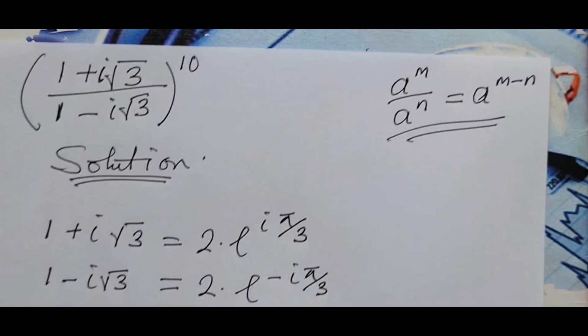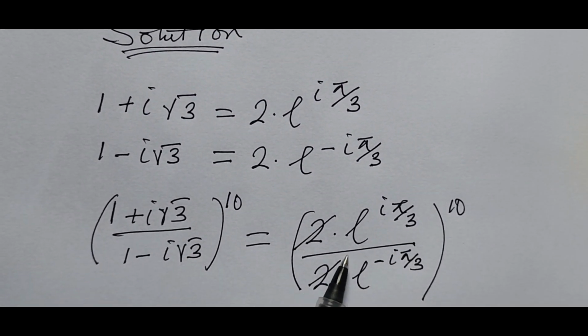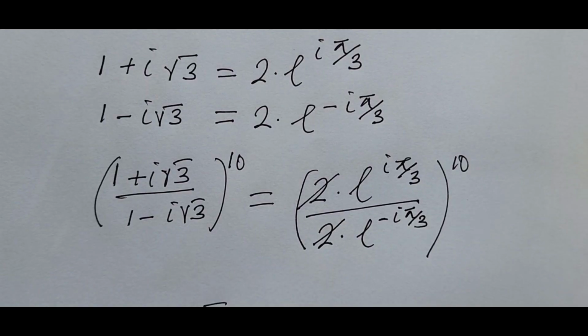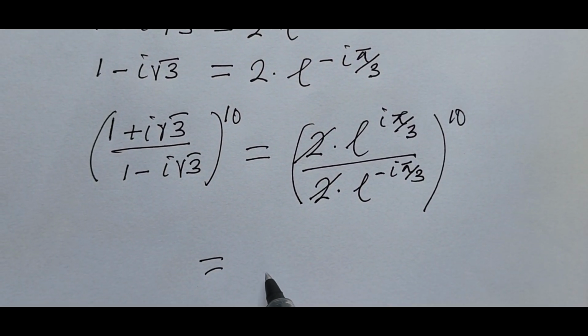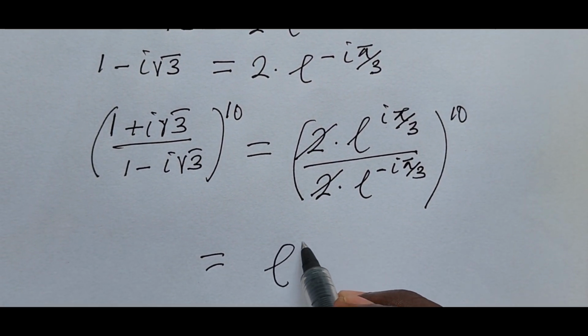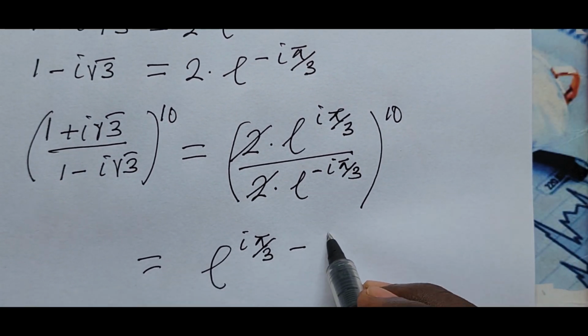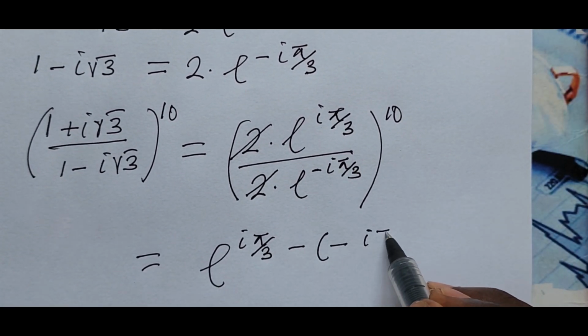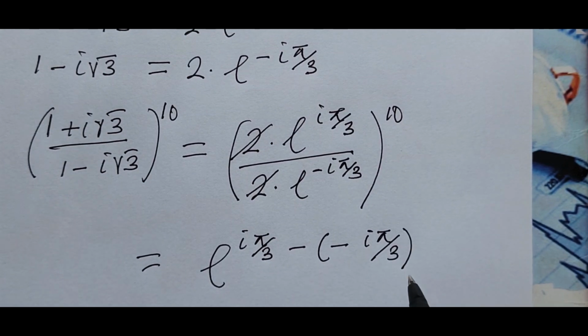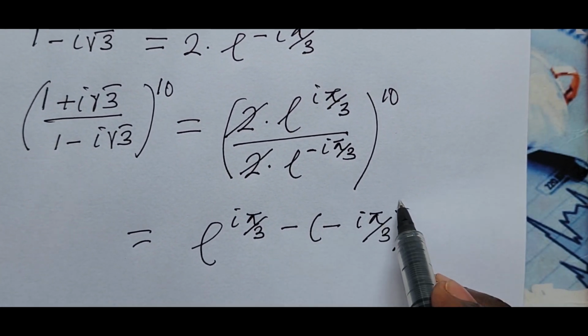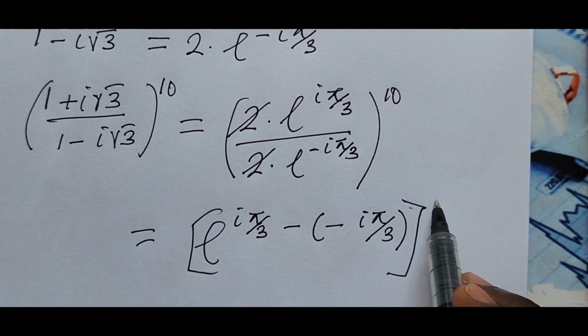So if we apply this property, we can rewrite everything: e raised to the power of i pi all over 3, then minus bracket minus i pi all over 3 close bracket, everything raised to the power of 10.